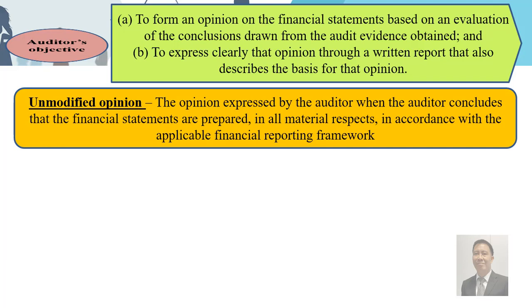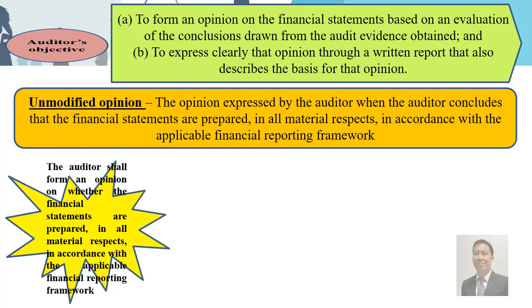So the standard format of the audit report, or the audit opinion, is what we call unmodified opinion. This is under ISA 700, which the auditor expresses that the financial statements are prepared in all material respects and in accordance with applicable financial reporting framework. The auditor shall form an opinion on whether the financial statements are in all material respects in accordance with the applicable financial reporting framework.